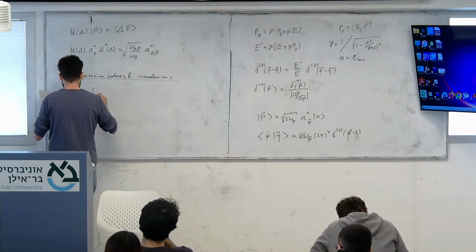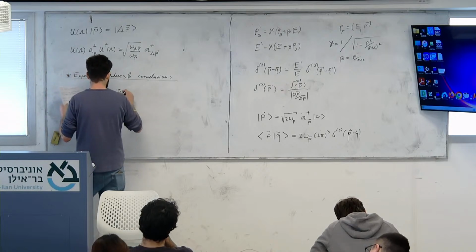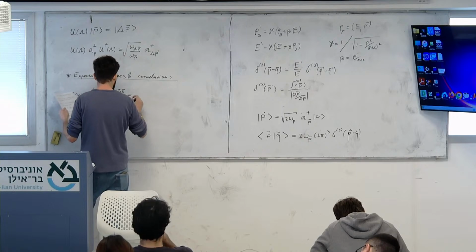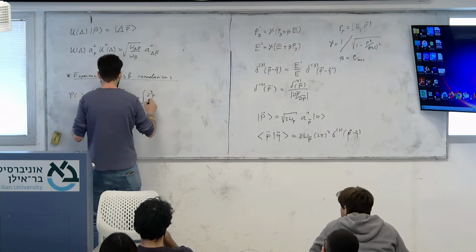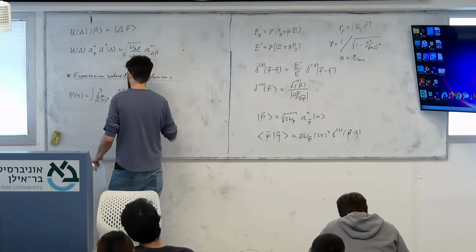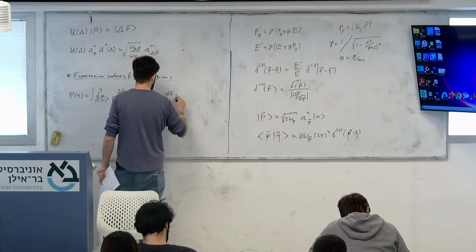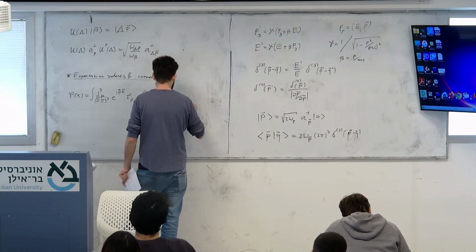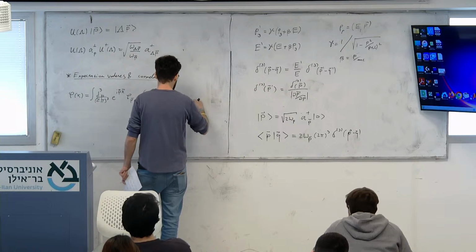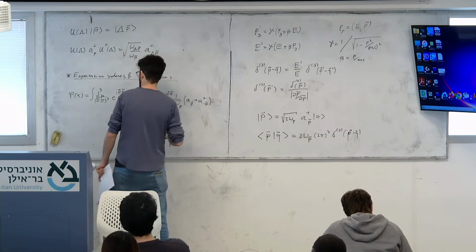So we can write this as an integral d3p over 2 pi cubed e to the I px phi p, which is equal to integral d3p over 2 pi cubed e to the I p x, 1 over square root of 2 omega p times a of p plus a dagger of minus p.